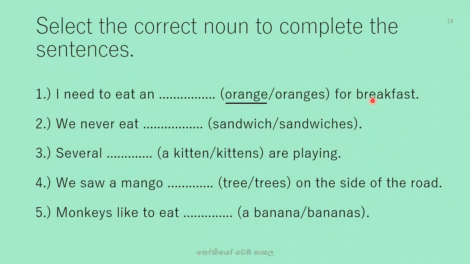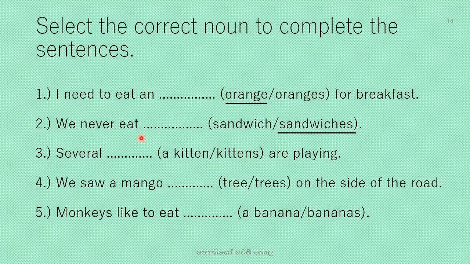Second sentence. We never eat blank. So you are given sandwich or sandwiches. So what is the answer? Yes, sandwiches. We never eat sandwiches. So here we actually talk in general conditions. In general, we never eat.